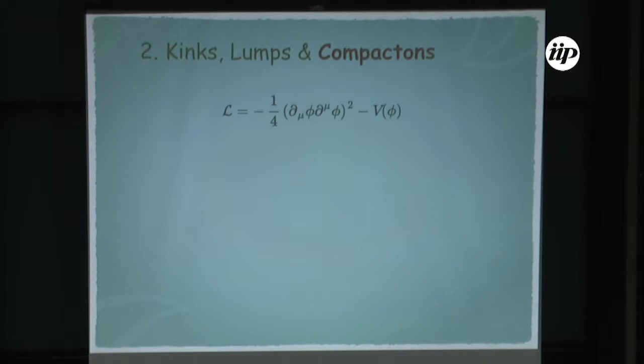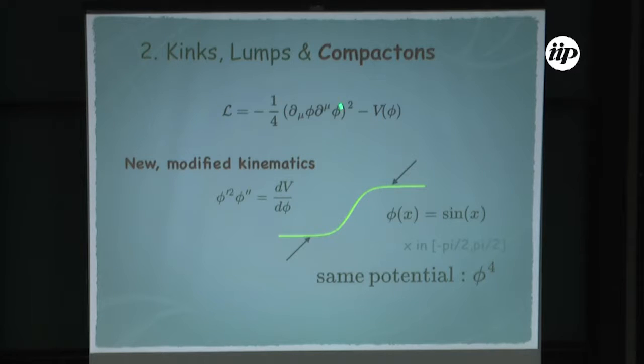And compactons. So before you send me to jail, I will stay here for 2 minutes. But you have to change the dynamics. This is the velocity to the power 4 in a mechanical system. I need this so the energy stays well defined. If I look for the equation of motion for a static solution, I get this one.